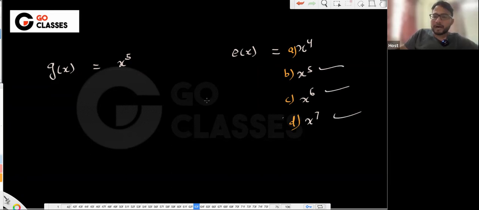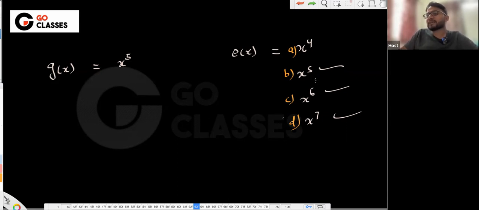So basically, if your generator is x power 5, then it can divide this, which means it cannot detect error at the 5th position. Ex is x power 5 means, sorry, 6th position; Ex is x power 5 means the error is at the 6th position, something like that, right? So if your generator is this, then it cannot detect error which is of x power 5, x power 6, x power 7, because it is able to divide, right?